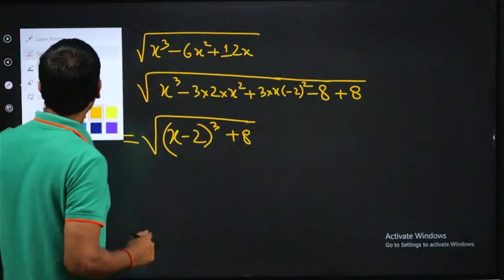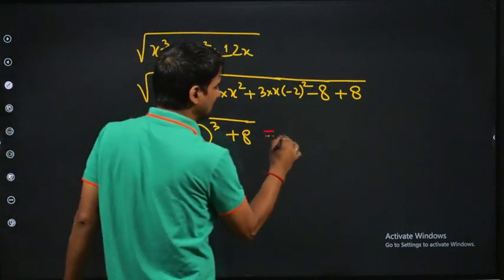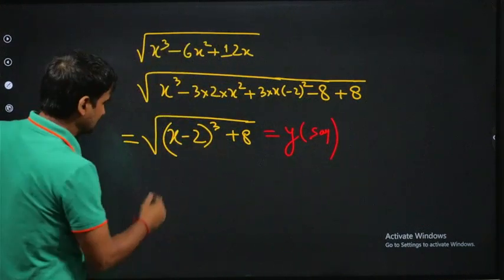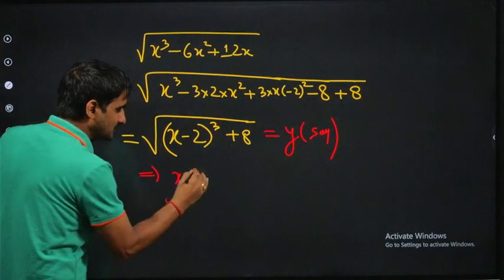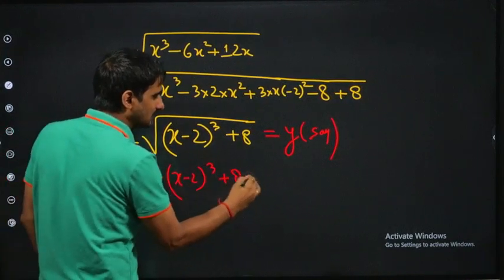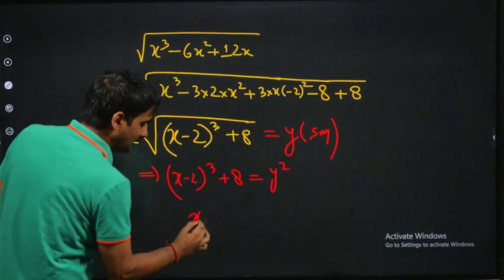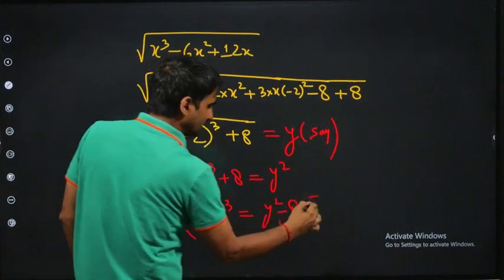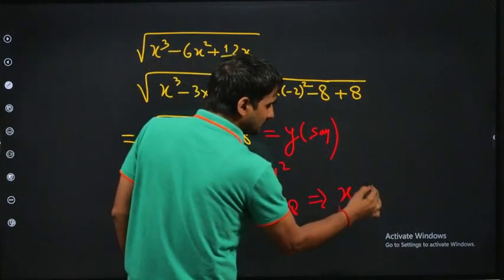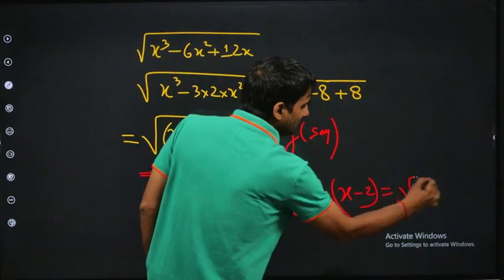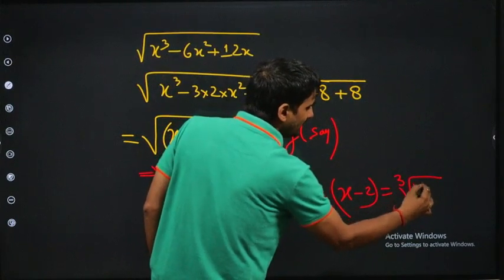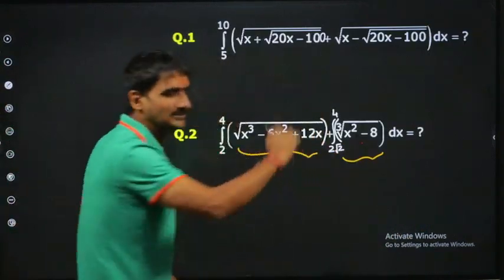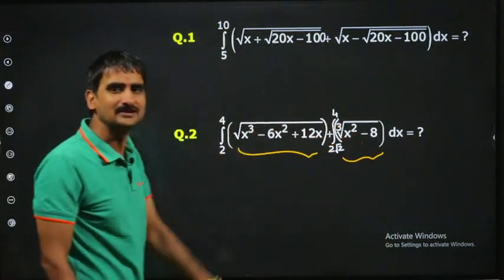Fine. Now if I have to find its inverse, I will say let this be equal to y, squaring both the sides. So what do we get? (x minus 2) whole cube plus 8 is equal to y square. So (x minus 2) whole cube is y square minus 8. See, we are heading towards the form where we got cube root of y square minus 8, and that's the function here.